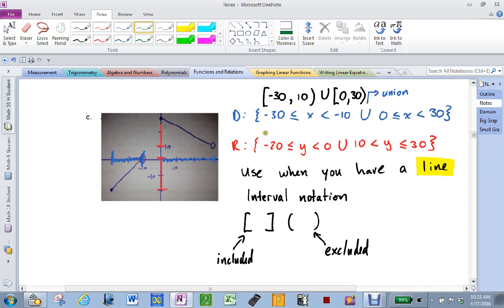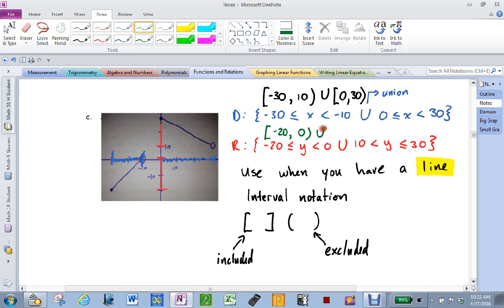Somebody talk to me. Big square bracket, negative 20, comma, 0, round bracket, parenthesis.